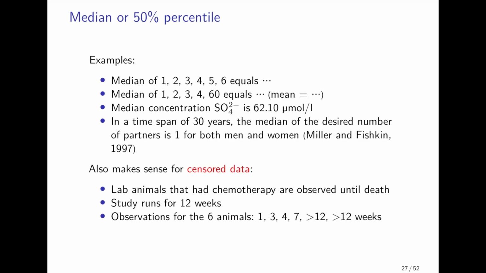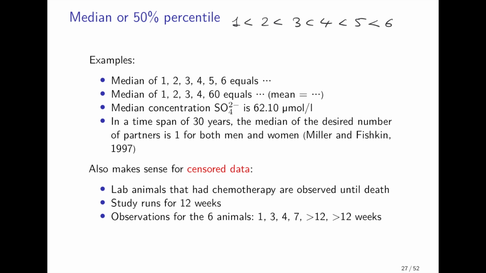So let's see that in action on a couple of examples. First, let's compute the median of 1, 2, 3, 4, 5, 6. Step one is we sort those values from smallest to largest. It's already sorted: 1, 2, 3, 4, 5, 6. Now we choose the middle value. We have 6 values, so that's an even number.